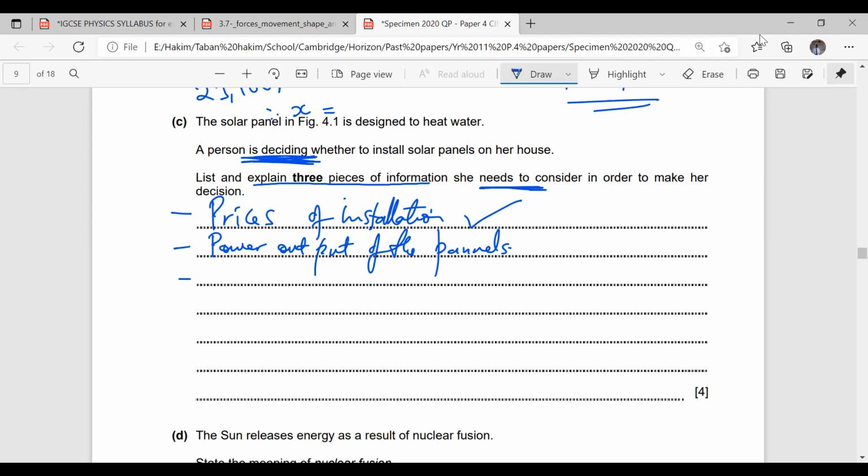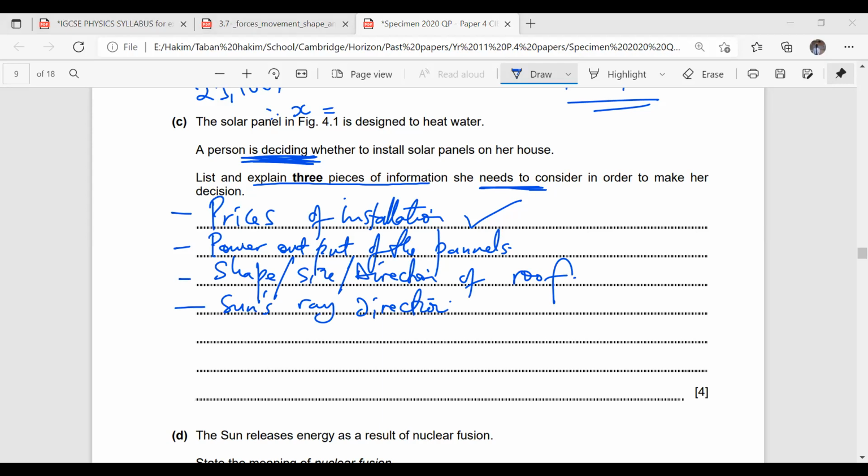Then another one would be the shape, size, direction of the roof. The sun's direction is, I'm just listing down a few of them that you can think about. We can also talk about the weather in that region.